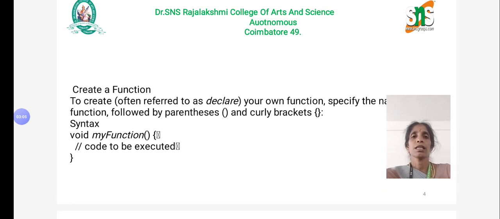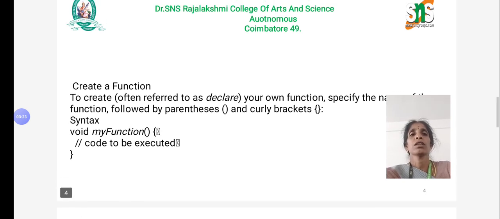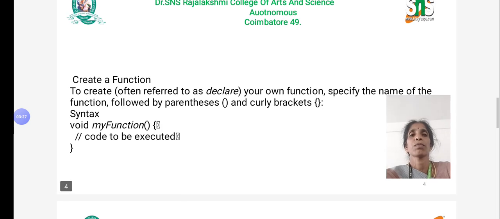Here void is the return type, and myFunction is the name of the function, followed by the code we have to insert. That code is placed between the braces. This is the function definition part. We should not include a semicolon in the function definition part.